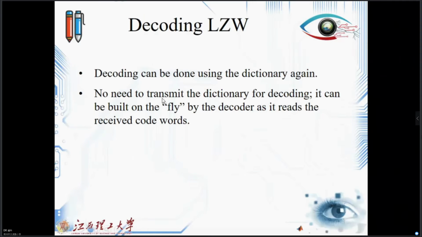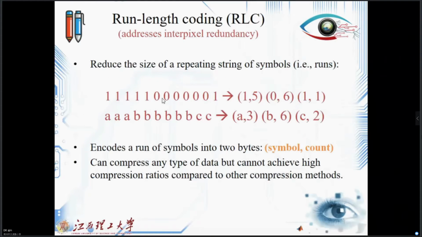The next method that we will learn is RLC, or run length coding, in which we are going to reduce the size of repeating strings of symbols, for example, runs.